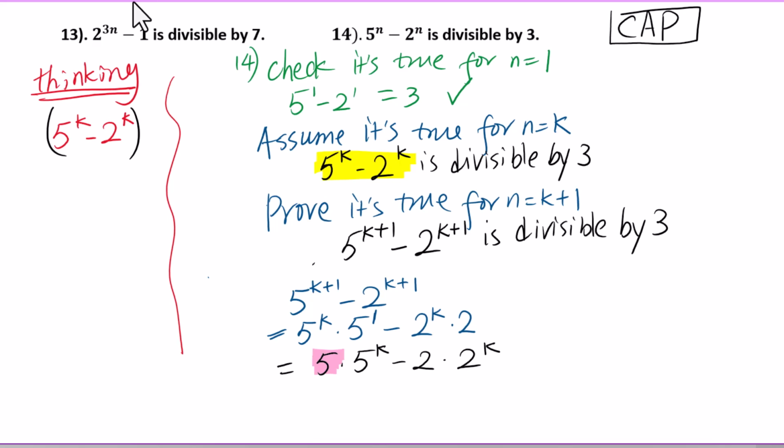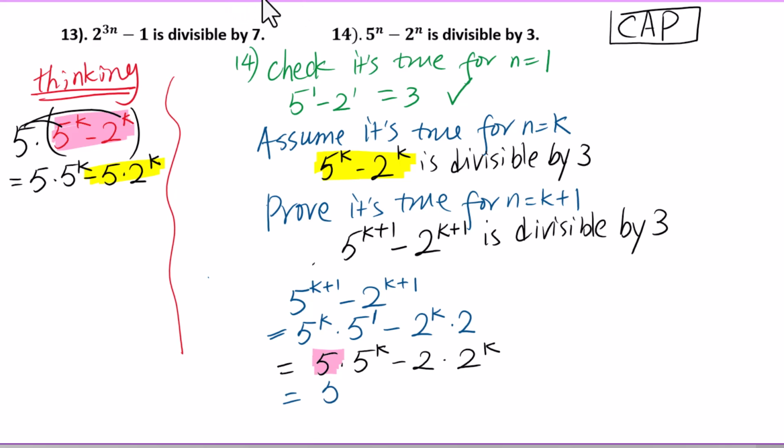So we will do 5 here, do the distributive property: 5 times 5 to the kth power minus 5 times 2 to the kth power. In other words, we need to subtract 5 times 2 to the kth power to create 5 to the kth power minus 2 to the kth power.